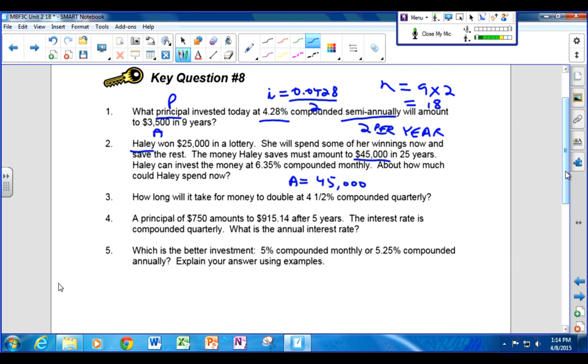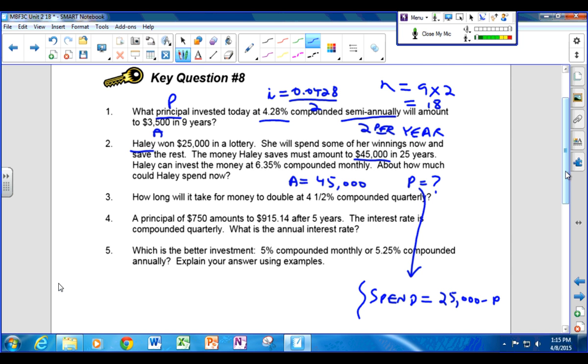And the principal, if we knew the principal, then we can work out how much she can spend, because how much she can spend is equal to the 25,000 minus the principal that she's going to use to invest to come up with $45,000. So this is where we are working on step 2 and step 1 of the 4-step problem solving model.